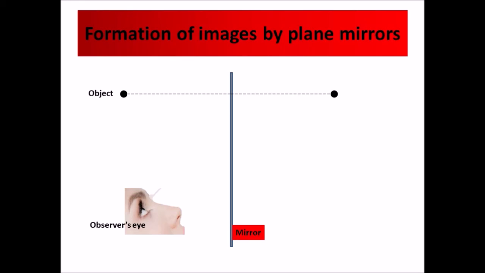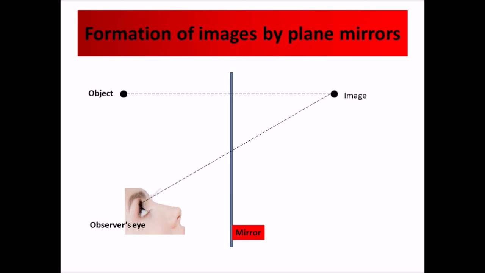Secondly, let's mark the point of reflection. Now to mark the point of reflection, we draw a line from the image to the upper part of the observer's eye, like that.